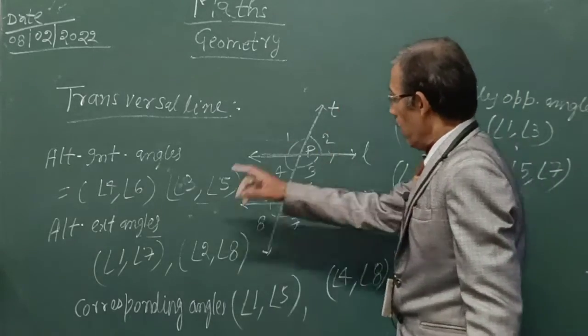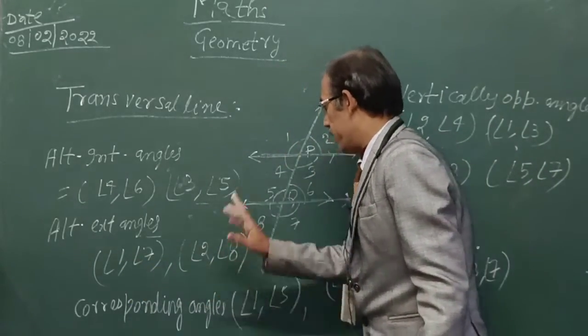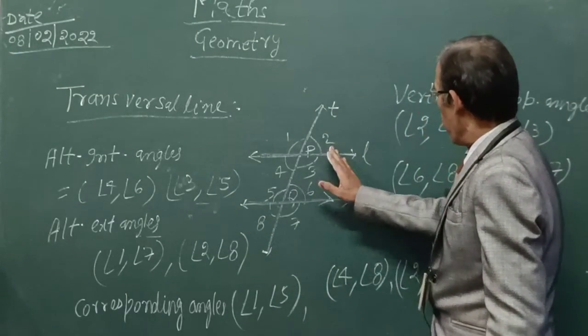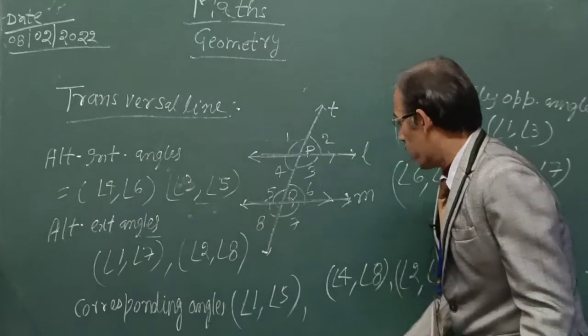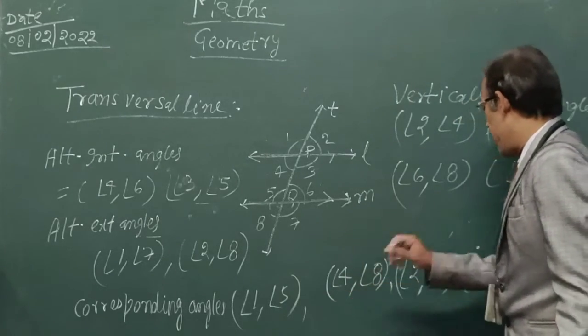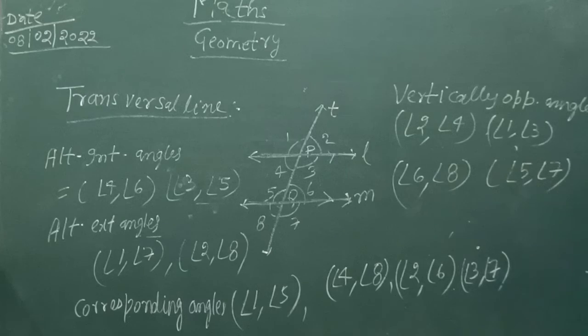Similarly, angle 1 is equal to angle 7, angle 2 is equal to angle 8. Similarly, in the condition of parallel lines, corresponding angles are also equal to each other. Angle 1 is equal to angle 5, angle 4 is equal to angle 8, angle 2 is equal to angle 6, angle 3 is equal to angle 7.